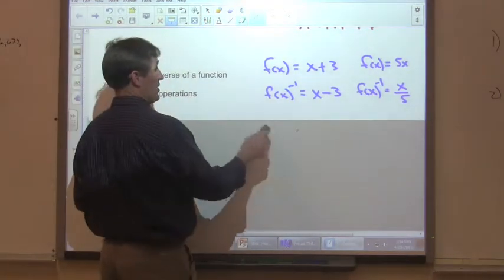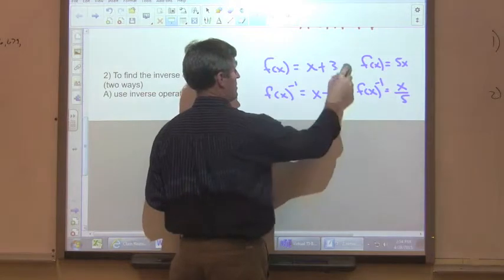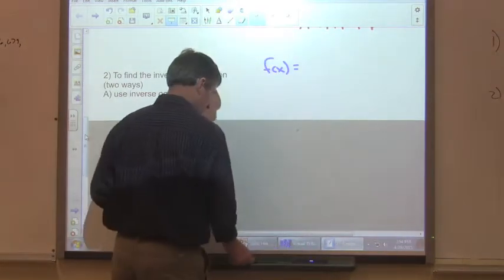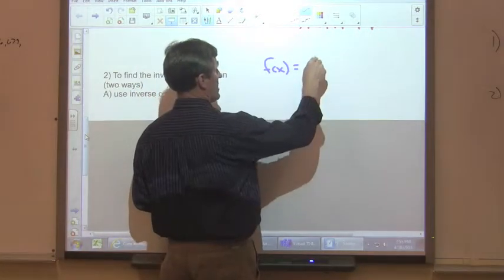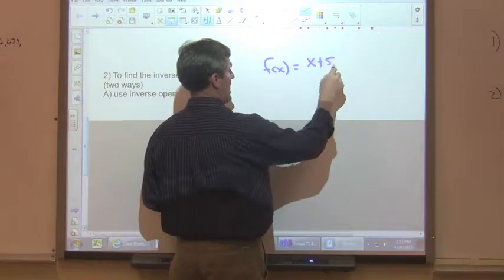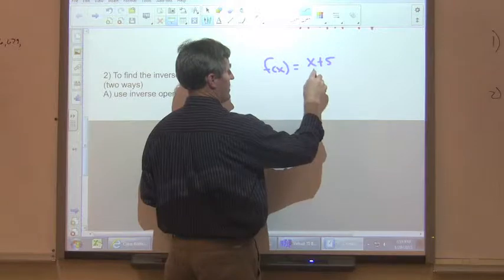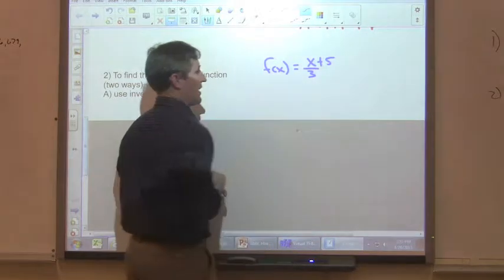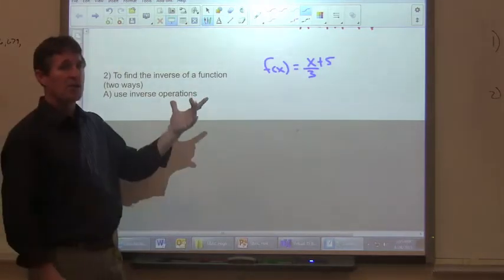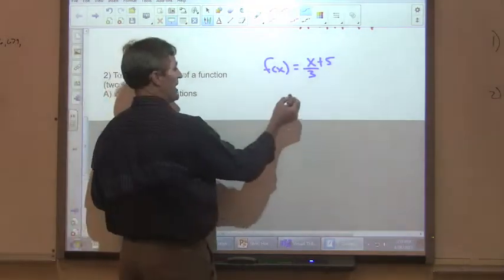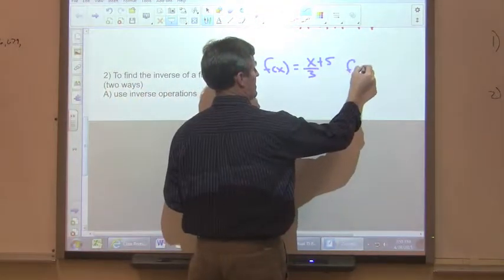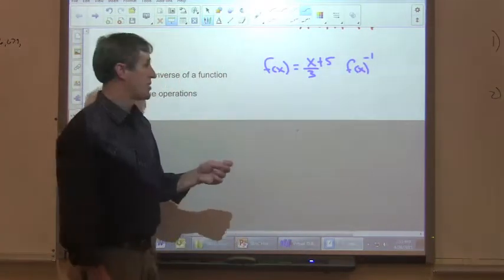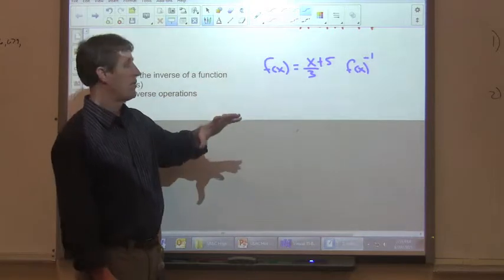When we get to more difficult equations, let's say it was x divided by 3 plus 5. Now here's where you have to be careful, because the inverse of this, you have to do it in the inverse of the order you would do them in.